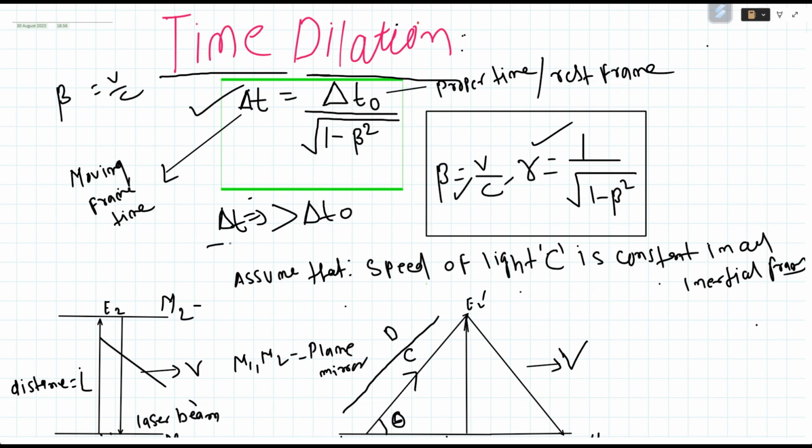It implies that the time measured in the moving frame for the same event happening in the rest frame is larger. This is how time gets elongated in your moving frame for the same event happening in your rest frame. So this is the concept of time dilation.